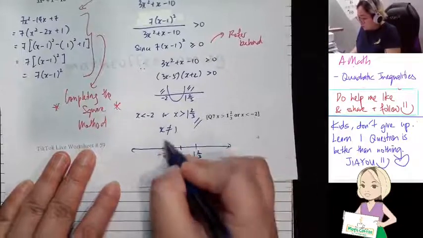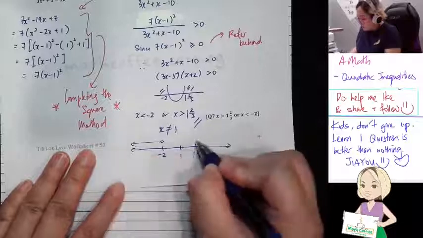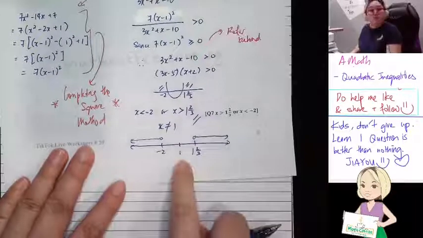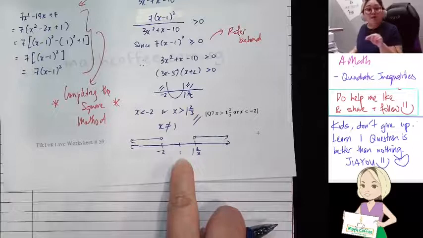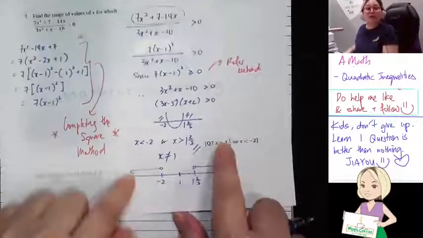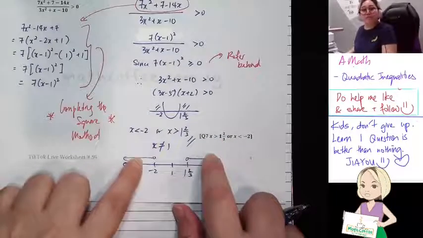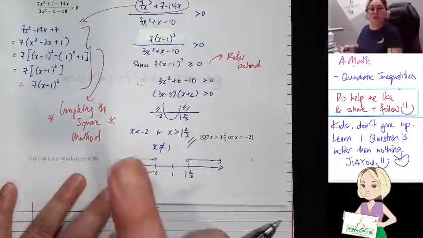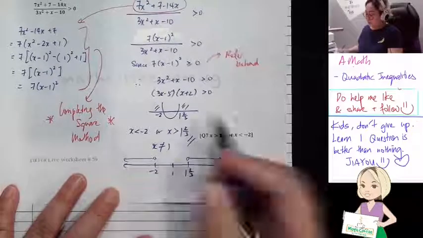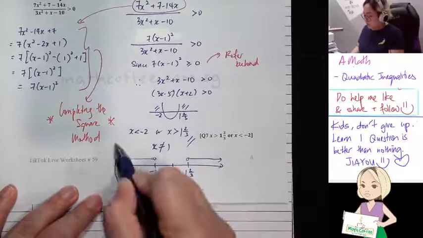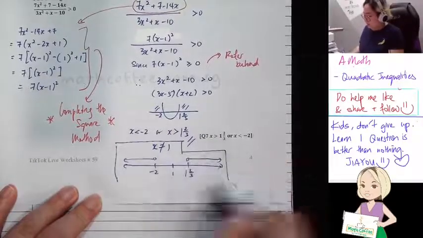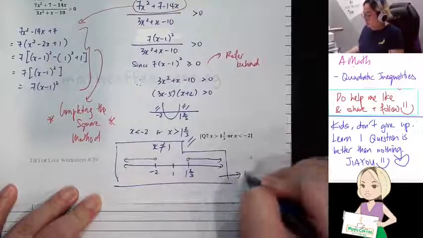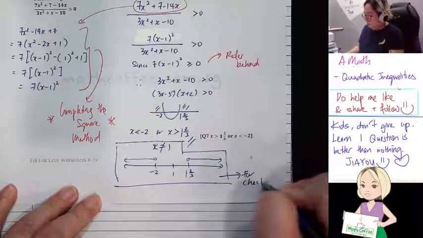So this is already in this range. Do you see that? So my 1 in the first place is not in my solution. So I don't have to worry that it will be 0. So this one is just for checking. Understand?